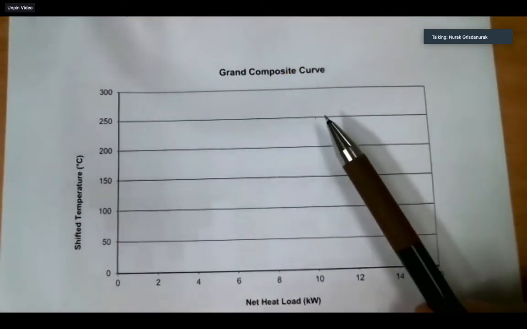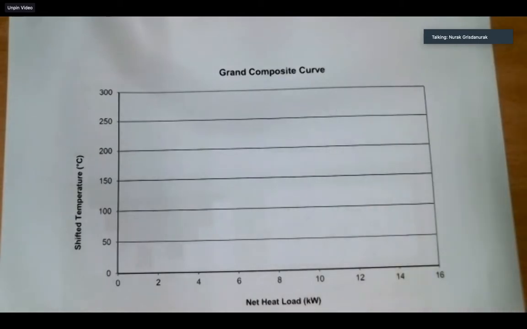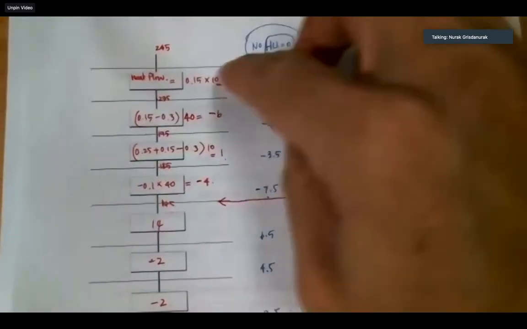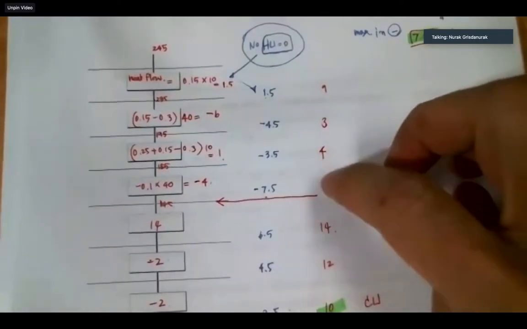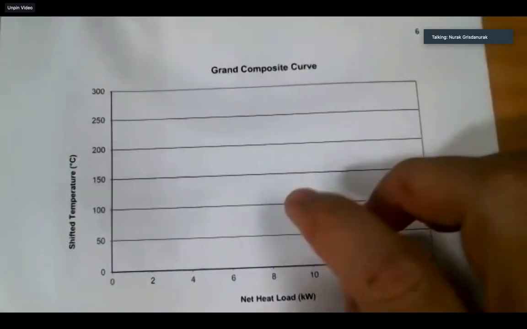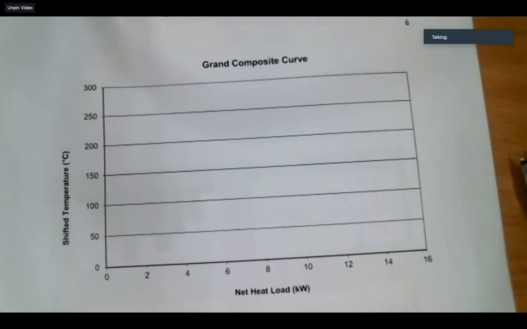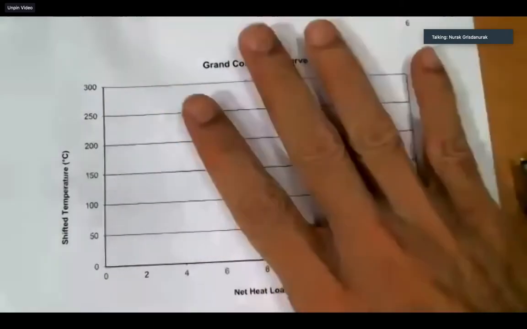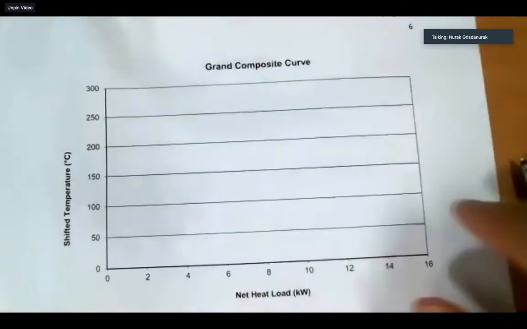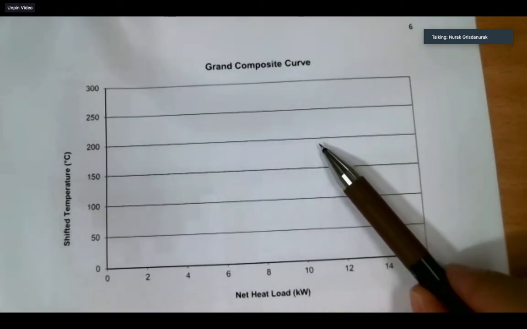We have to draw the grand composite curve, so what does it mean? It means that we are using this information to draw the grand composite curve. What is the main point of doing the grand composite curve?